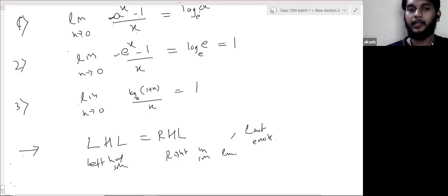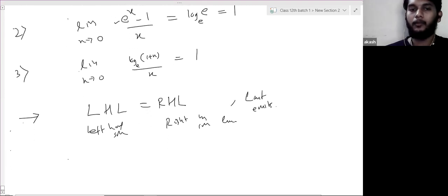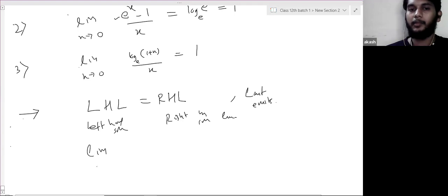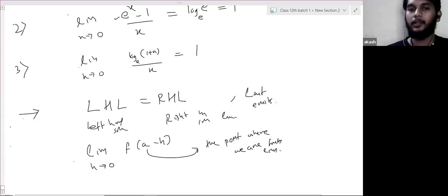All right. How to find LHL? You always have to put limit h tending to 0, f of a minus h. What is a? The point where we are finding the limit. All right, this is LHL.